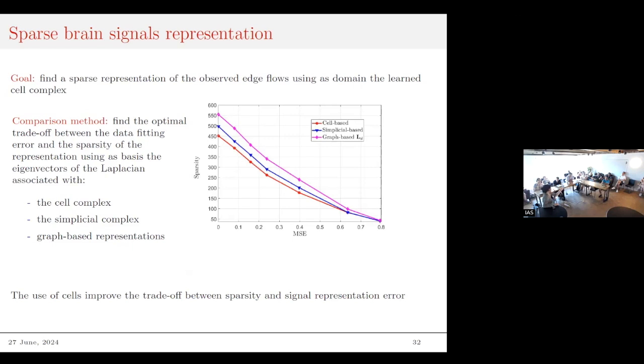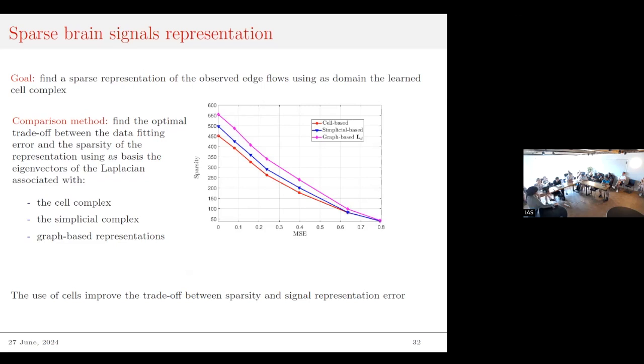We are minimizing sparsity with a constraint on the mean square error in all the cases. The complexity depends only on the fact that we need to identify the possible cycles when we infer the cell complex topology. So you're saying that is not a hard computation?